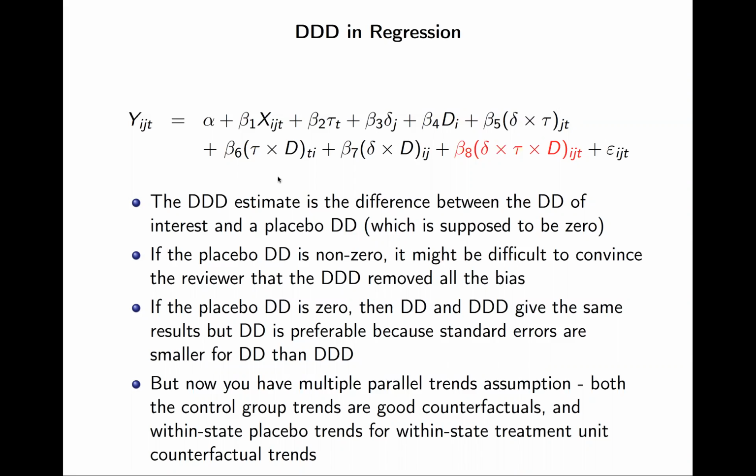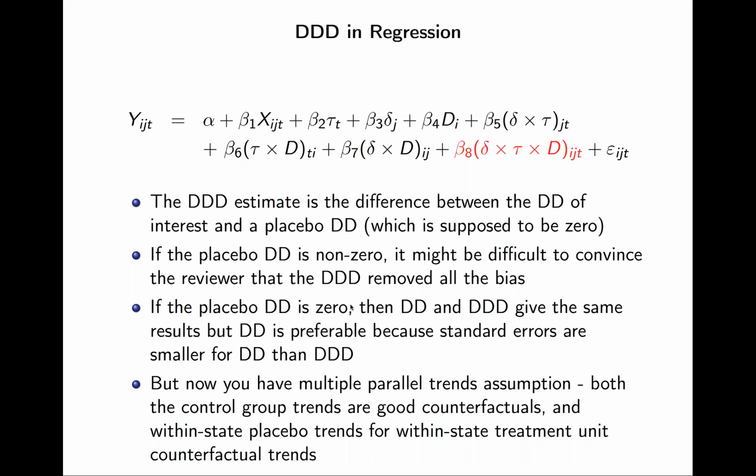We're going to have the time trend interacted with a state trend. We're going to have the group trend interacted with the treatment state. And then once we have 1, 2, 3, one of those is going to be dropped. We're going to interact all three with each other, and that's going to give us beta 8.